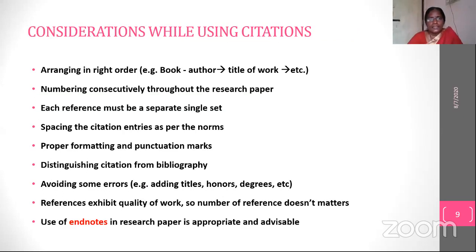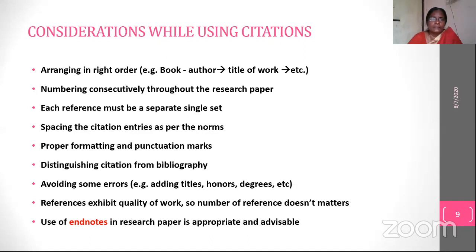What are the considerations? We are going to arrange footnotes, or endnotes at the end of the page or end of the paper. What are the things to be kept in our mind?